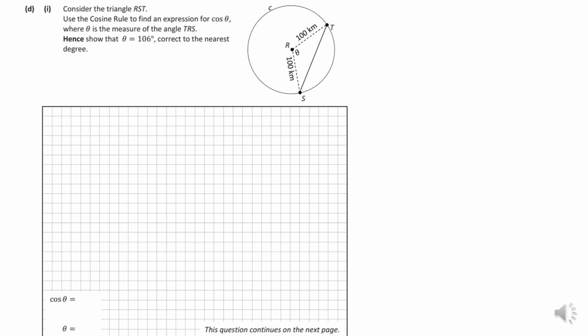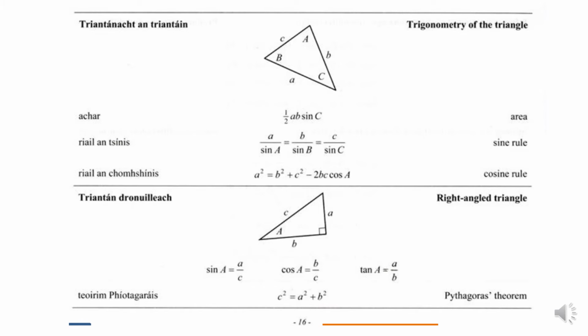So you'll find the cosine rule in your formula and tables books. You'll have to go to the 4th page of trigonometry in your formula and tables book, it's page 16, to find the cosine rule. Now you'll see all the other rules there.